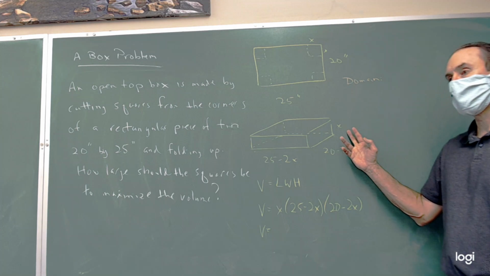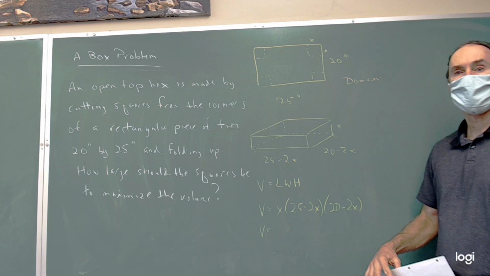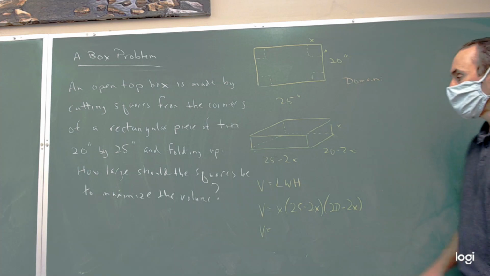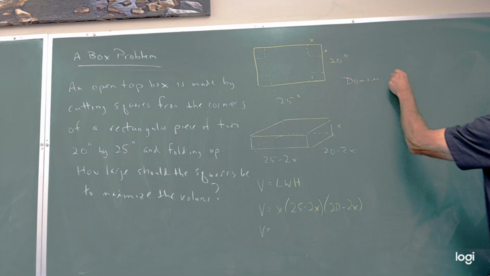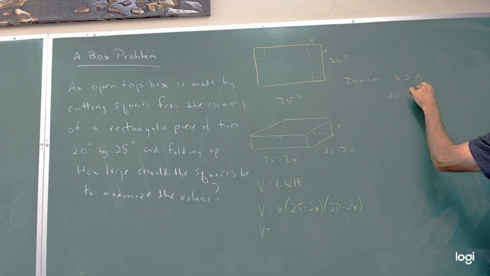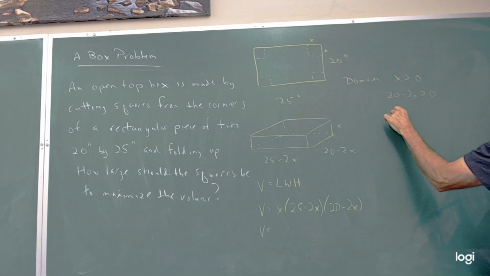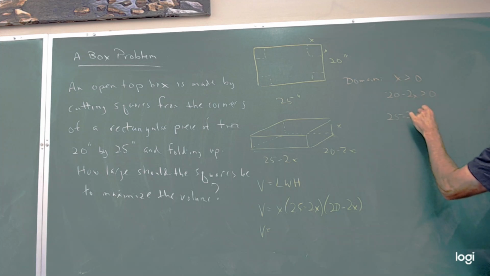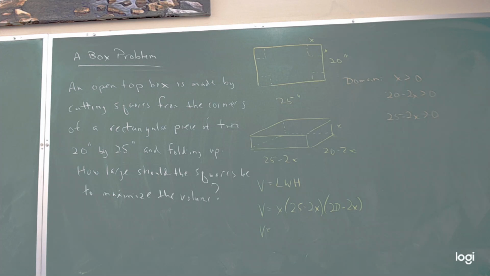Each of these has to be greater than 0. So that means x must be greater than 0, 20 minus 2x must be greater than 0, and 25 minus 2x has to be greater than 0. That seem reasonable?